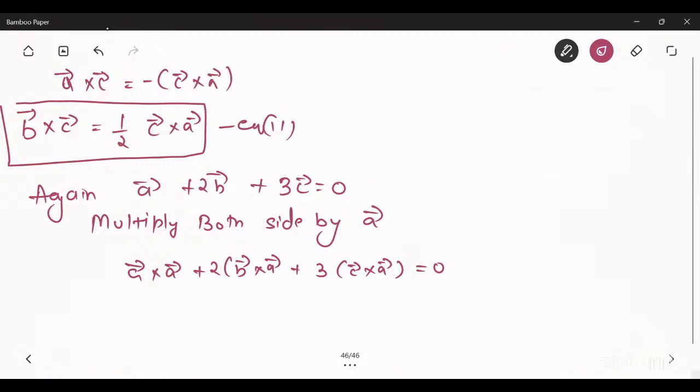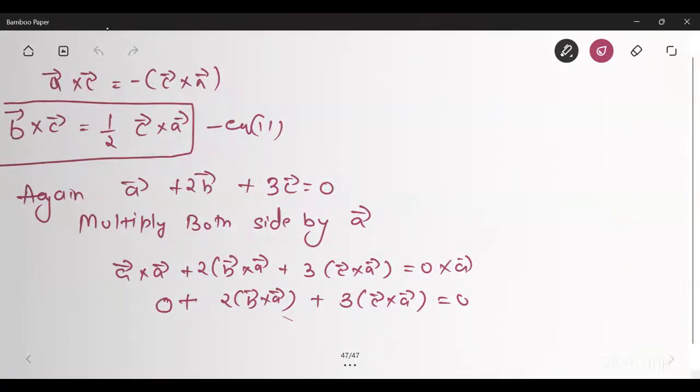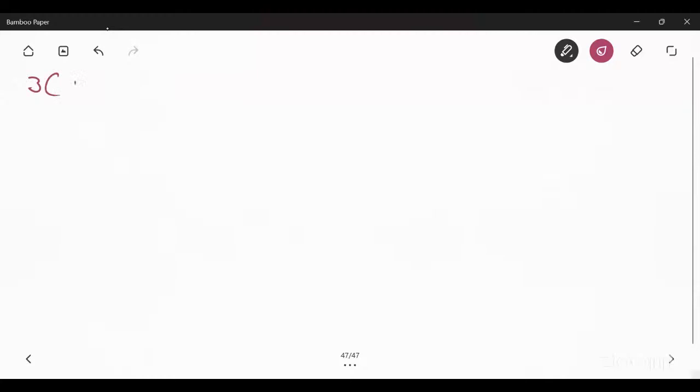So 0 plus 2B cross A plus 3 times C cross A equal to 0. If 2B cross A comes to the right hand side, the value of 3 times C cross A is equal to minus 2 times B cross A.